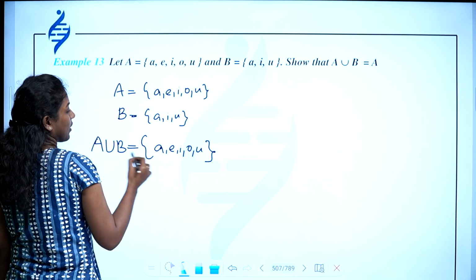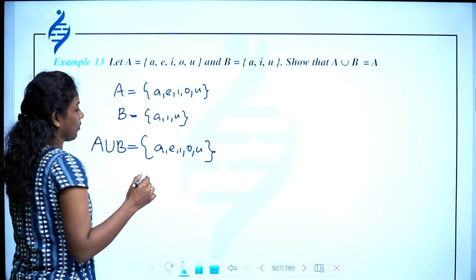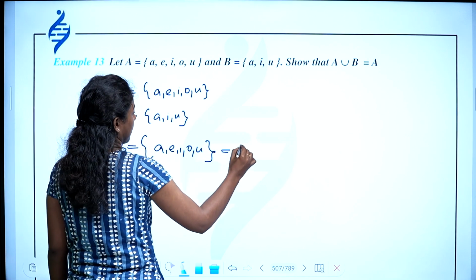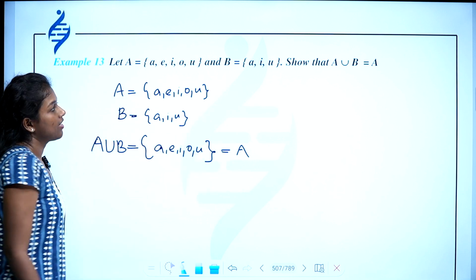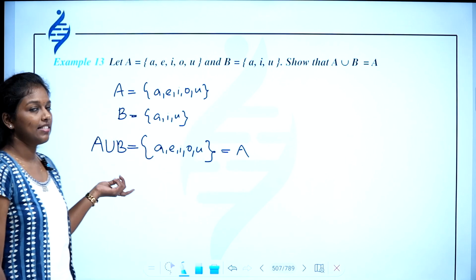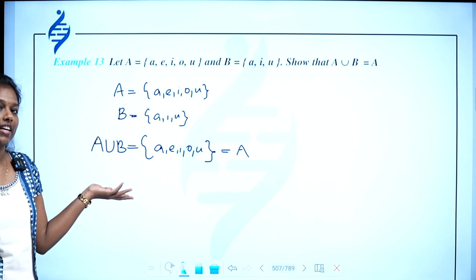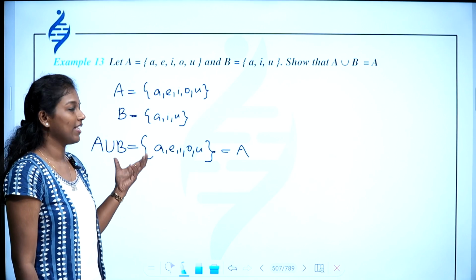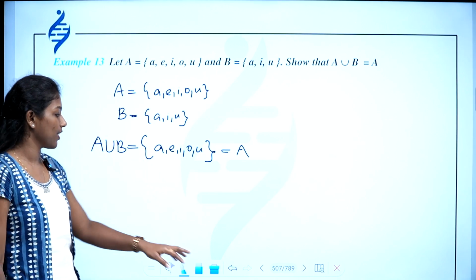So A union B is A, E, I, O, U, and this is the same as A itself. They have asked us to find A union B and prove that they are equal. As you can see, they are equal.